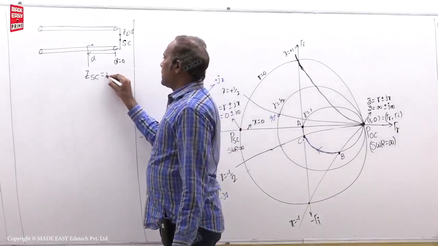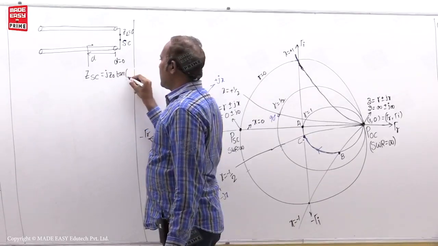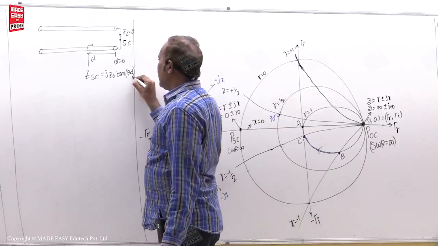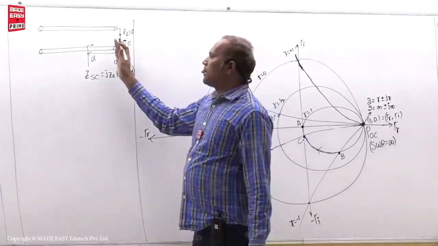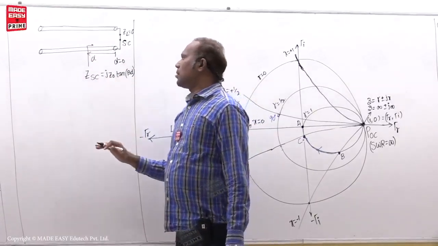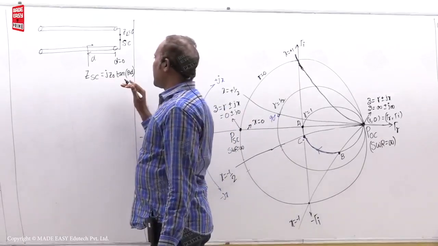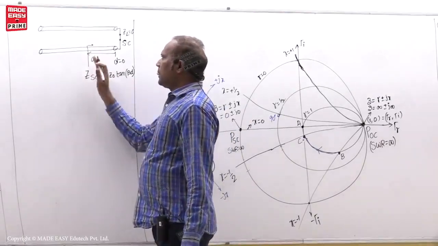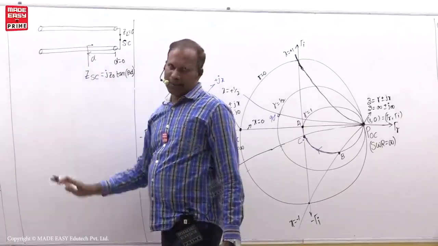Then the answer is J Z0 tan beta D. Already you know this. Impedance at any distance on the transmission line for a short circuit line is ZSC is equal to J Z0 tan beta D at D distance. If total length is L, then you put L here, you get input impedance.